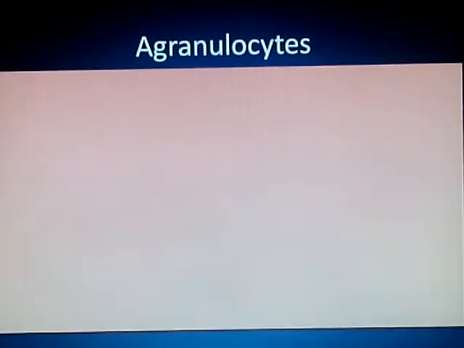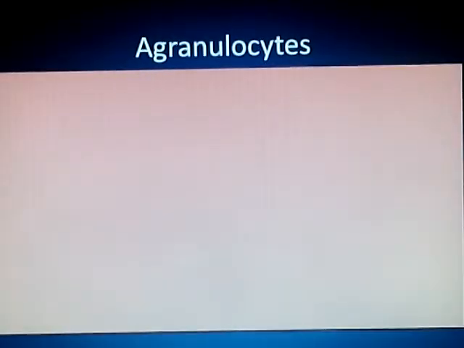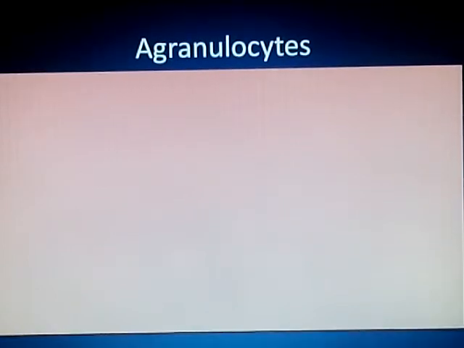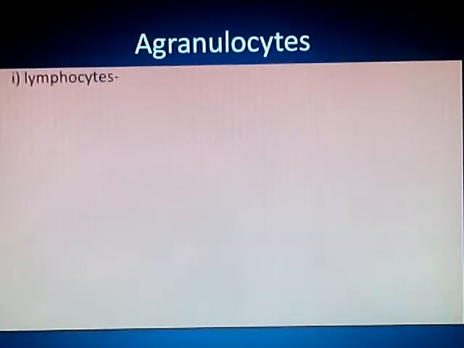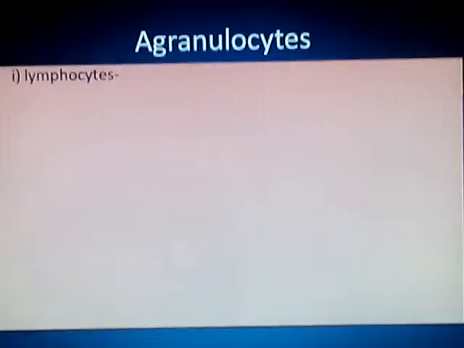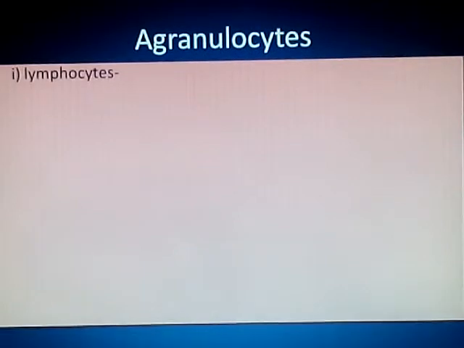The next, second type of WBC is agranulocyte. Agranulocyte further shows two different types: lymphocyte and, second, monocyte. Here the information about agranulocyte can be taken with the help of three different points.